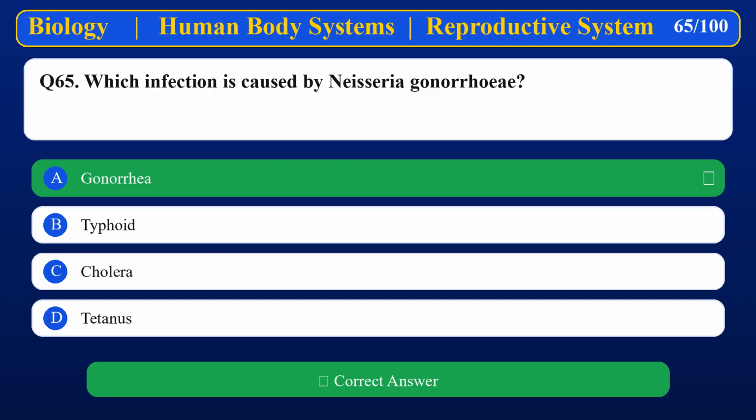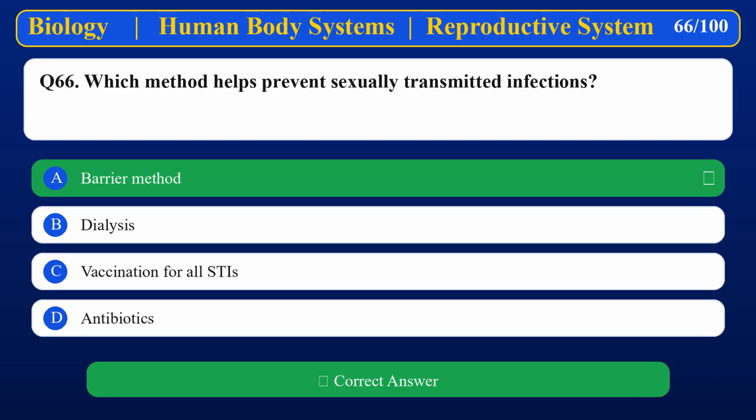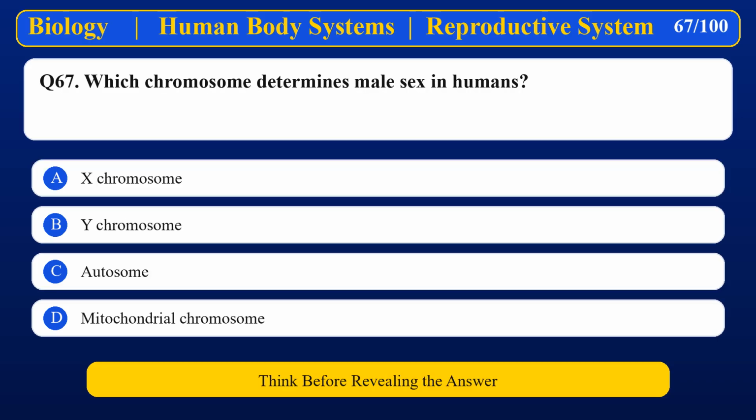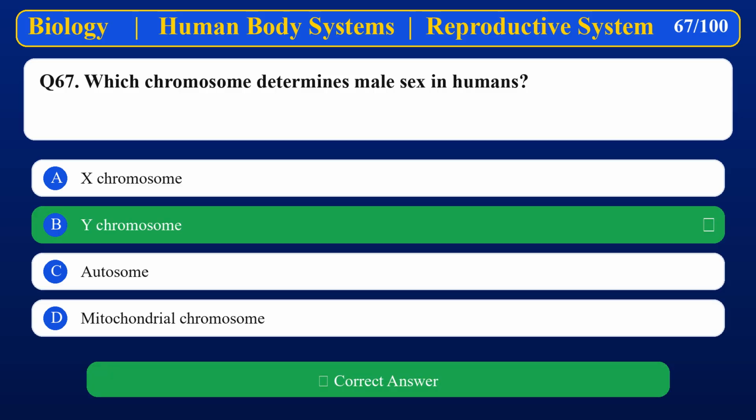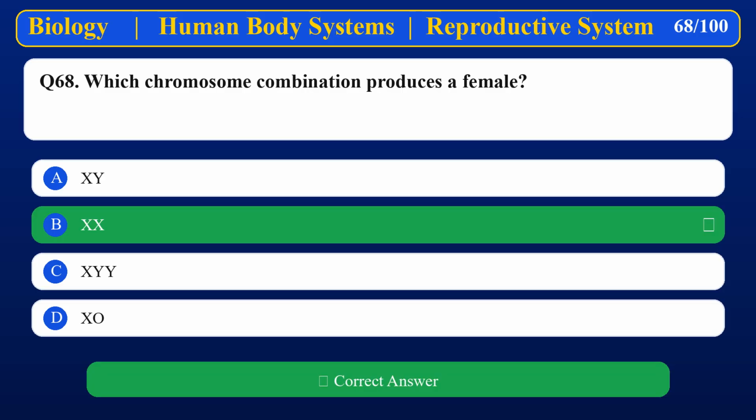Which method helps prevent sexually transmitted infections? Barrier method. Which chromosome determines male sex in humans? Y chromosome. Which chromosome combination produces a female? XX.